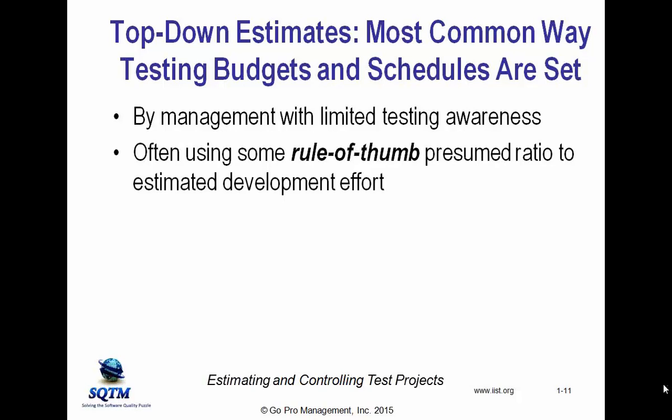And very often, these top-down estimates of testing are created using some kind of a rule of thumb, just as you folks mentioned, some percentage of estimated development effort. You folks were talking about ranges anywhere from 20% to 50%, okay, and like that.